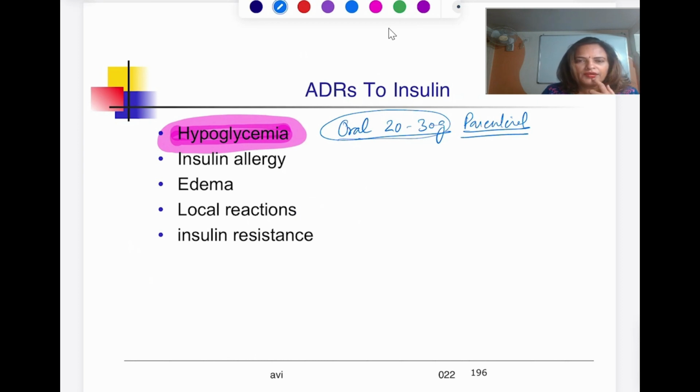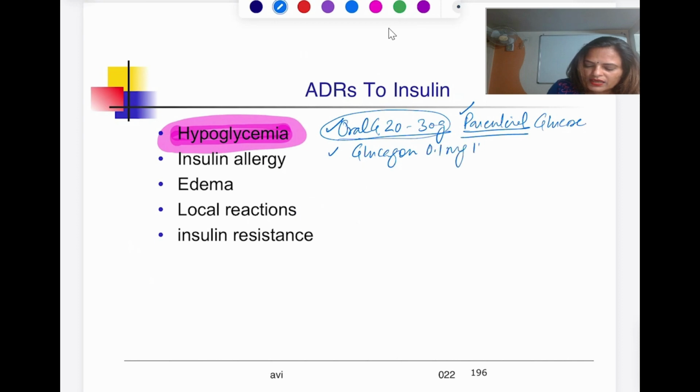So first is oral glucose, number 1, then parenteral glucose, number 2. Still if it is not there, then glucagon 0.1 milligram IV, number 3, and very rarely we can give adrenaline, number 4.